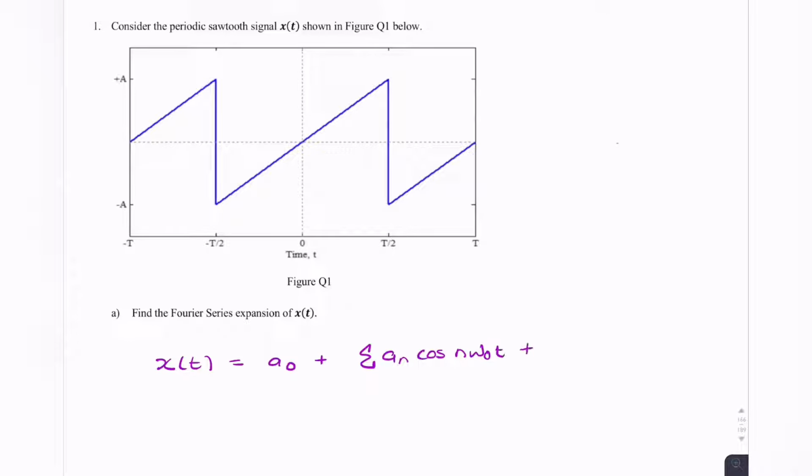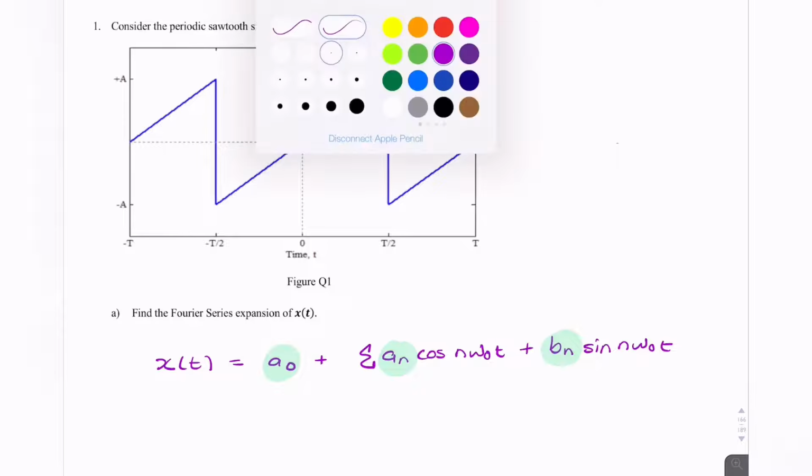So you've got the cosine series and the sine series. Finding the Fourier series means finding these three sets of numbers.